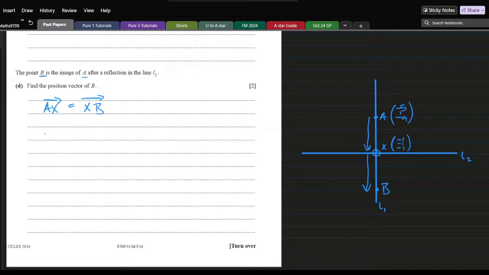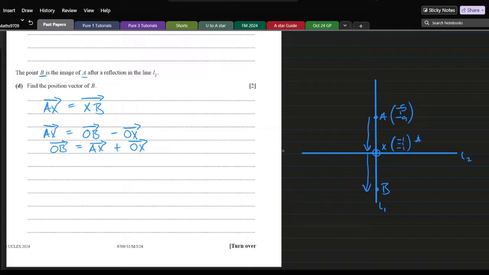And so if we simplify this, this can be written as AX is equal to OB minus OX, right? And what we're looking for is the position vector OB. So we can make OB the subject of the formula. OB is equal to AX plus OX. We already know that OX is negative 1, negative 1, negative 1.